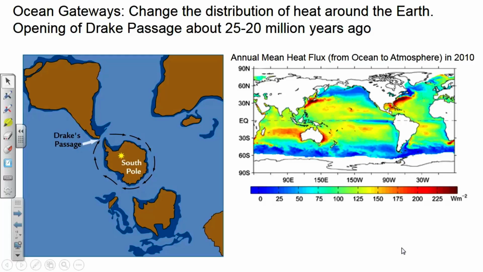This is important because if you look at this map over here, this is a map of heat flux. This is basically heat coming into or out of the ocean into the atmosphere. You can see that up in these high latitudes, we have these big currents that are taking heat from down here and transporting it up into the northern latitudes.